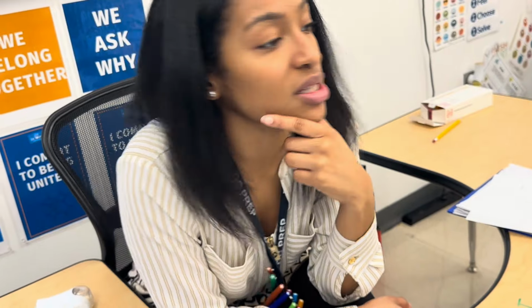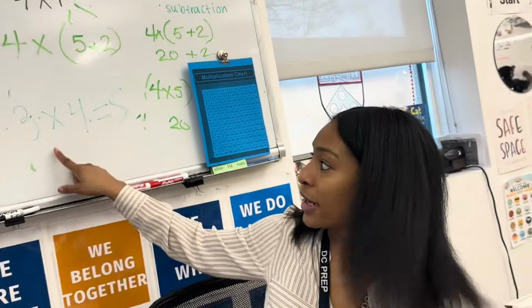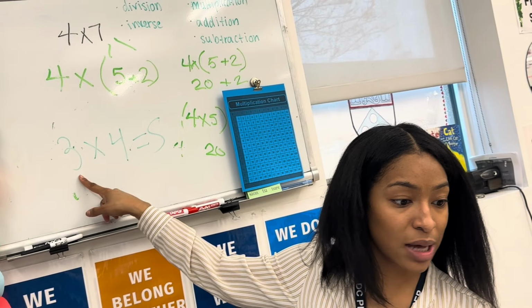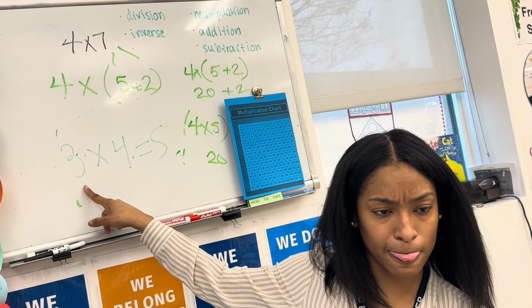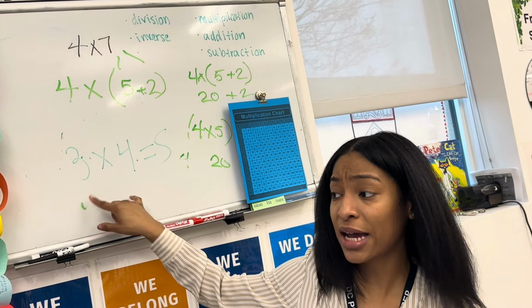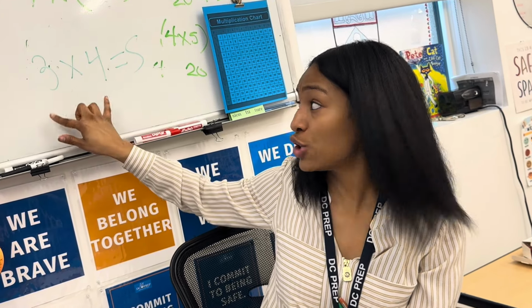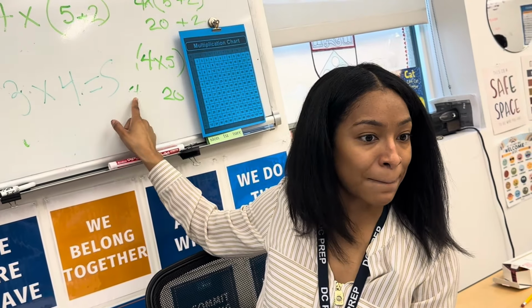Commutative property tells me that I can flip my factors around and still get the same product. If I wanted to solve this, can I count by 3? Yeah. Skylar, could I count by 3? Yeah. Could I also count by 4? Yes. Because commutative property tells me that I can use either of these factors first. I can use either of these factors to solve to find my total.